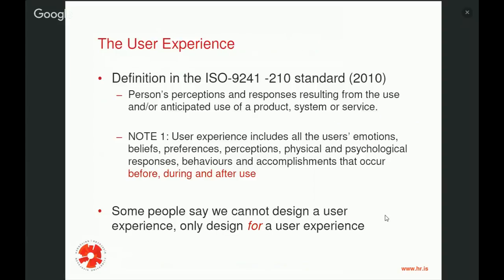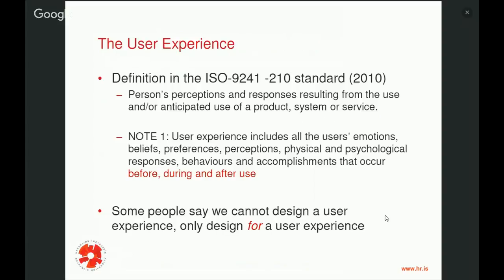The definition of user experience is different to usability. It is the perceptions and responses resulting from the use and or anticipated use. So you could even imagine that you are using something, and you get your perceptions or responses of the product, I mean.